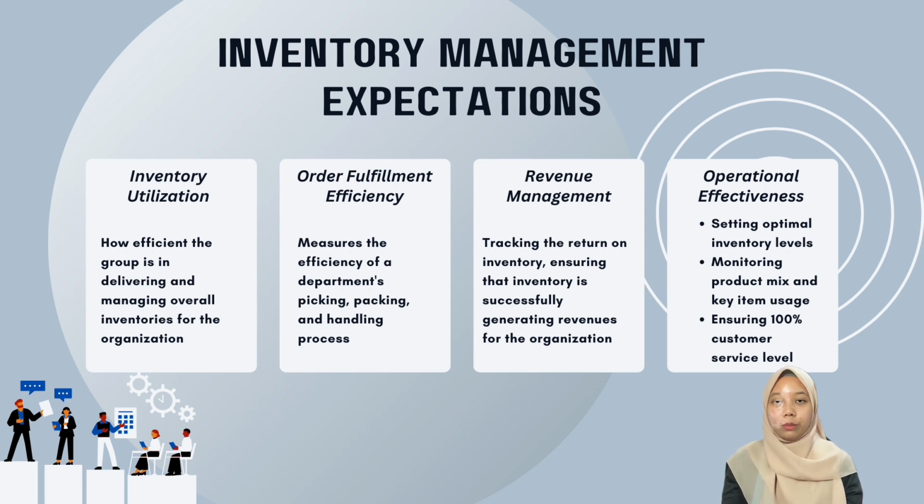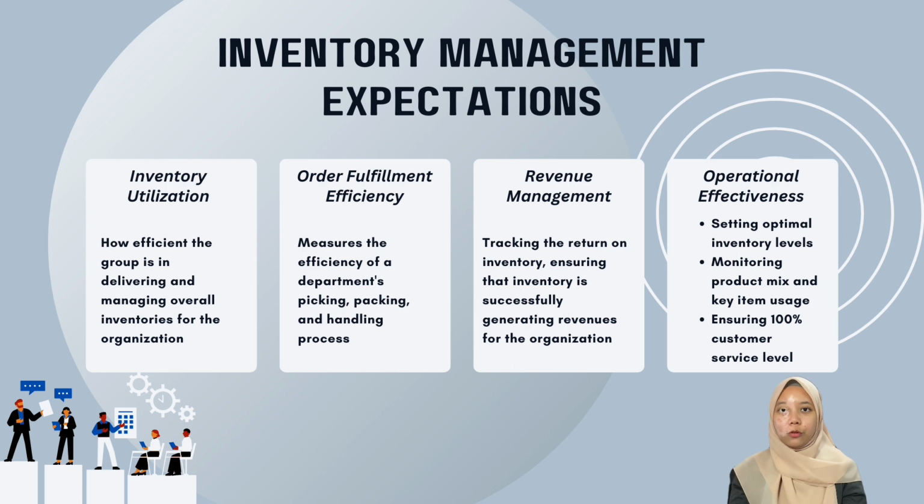Second, order fulfillment efficiency. This measures the efficiency of a department's picking, packing, and handling process. It should be measured as both the overall cycle time for fulfilling orders as well as the number of items picked per hour, plus any number of other metrics available. Similarly, fill rates can be used. Third is revenue management.